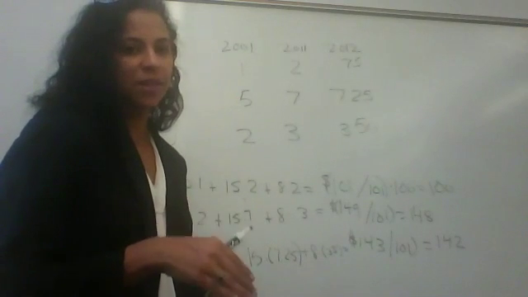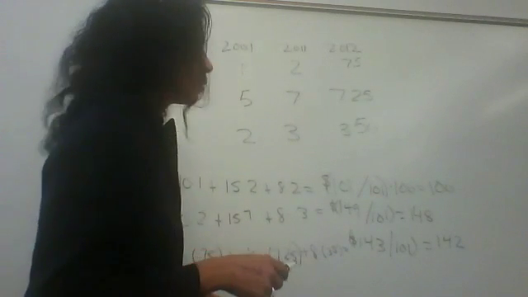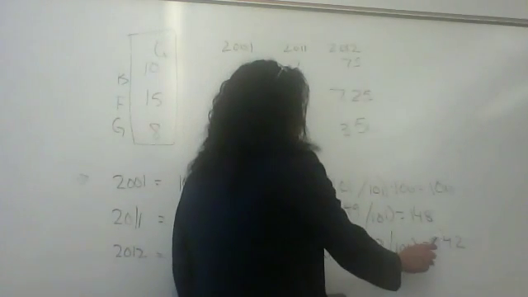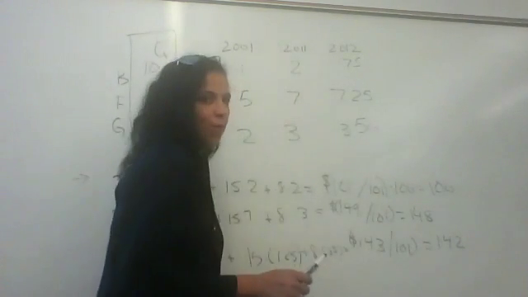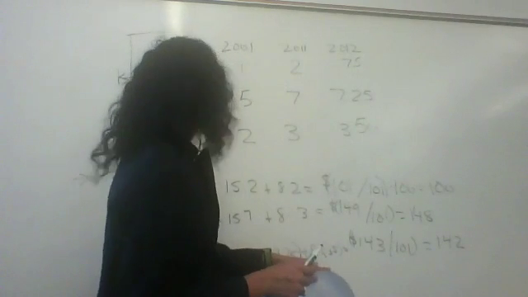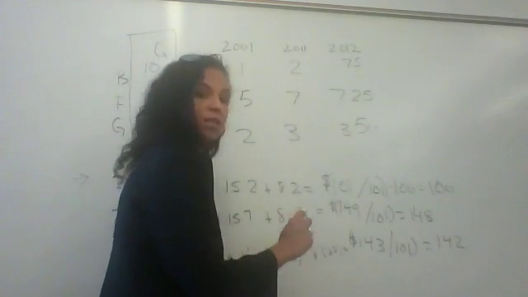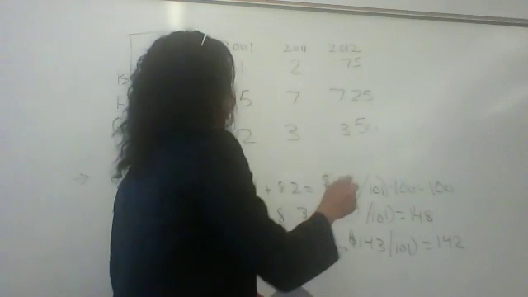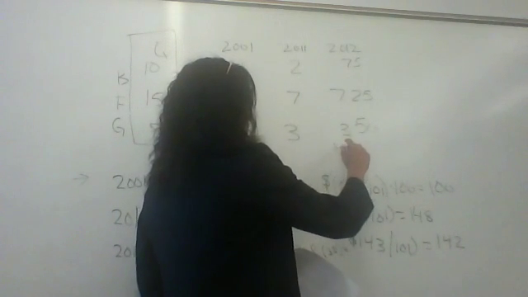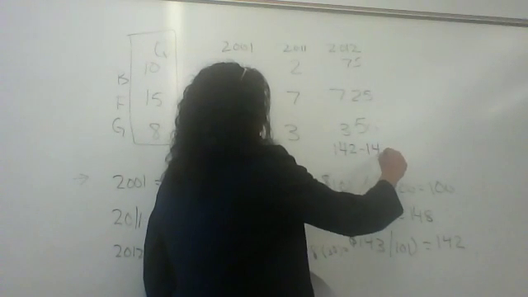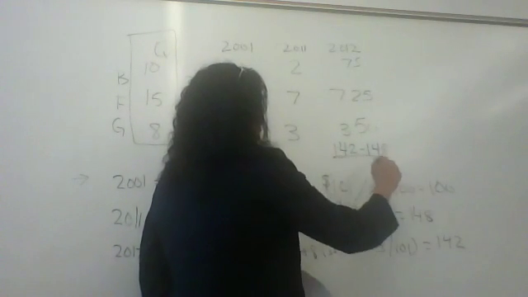To actually calculate the inflation rate, that very last step, it said to take a percentage change between the two indices. So here, I'm going to go from 148 to 142. If I want to know what the inflation rate was between 2012 and 2011, I need to look at the indices, the percentage change, right? And so I'm going to take my new 142 minus 148, my old, over my old 148.